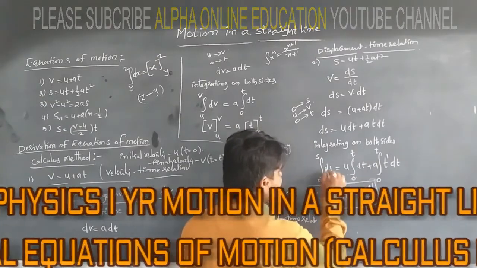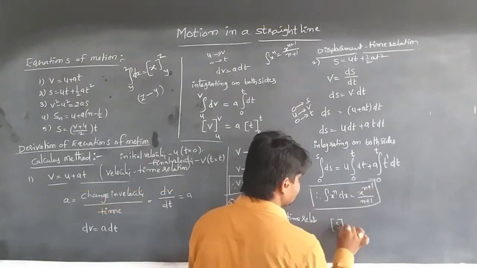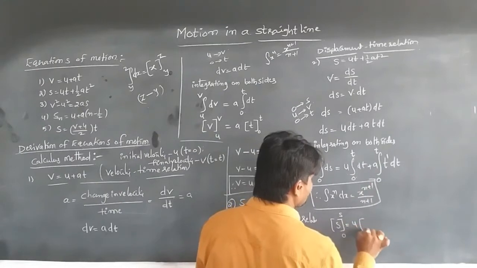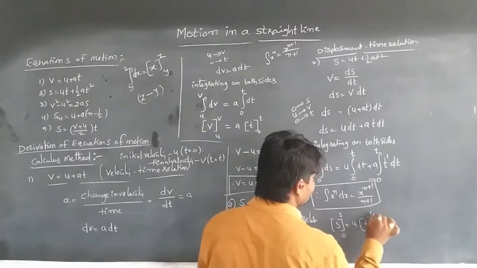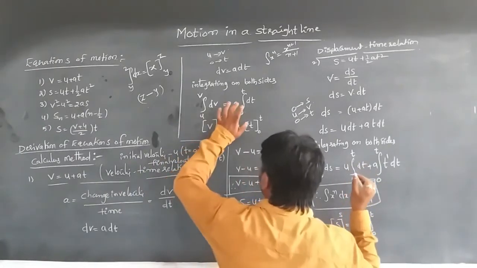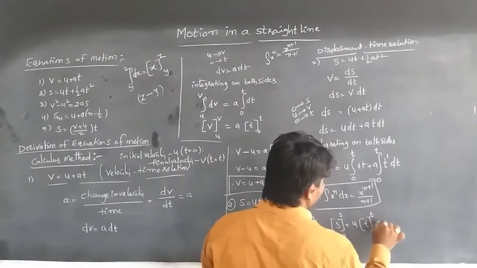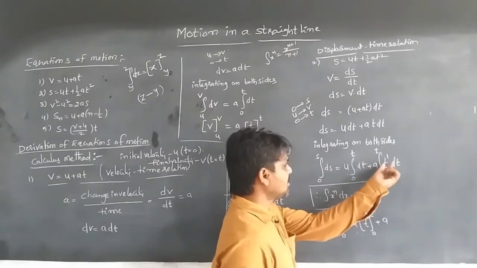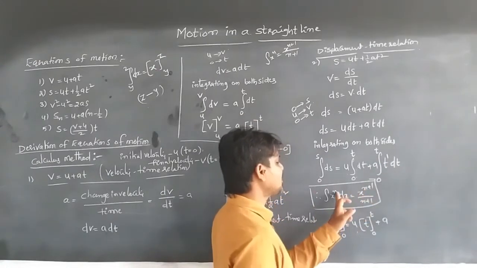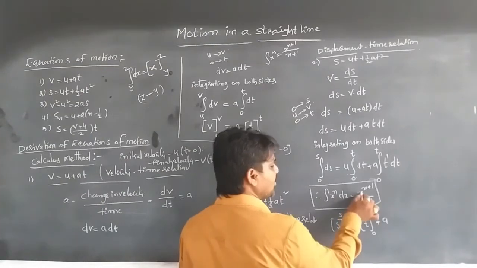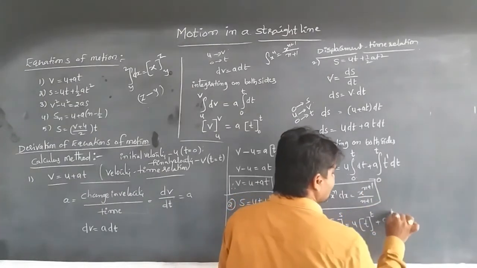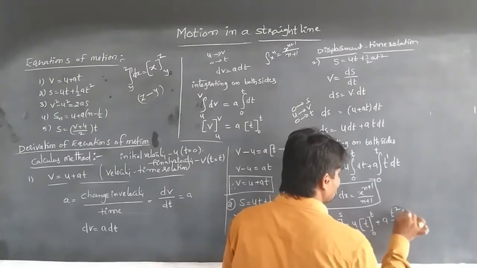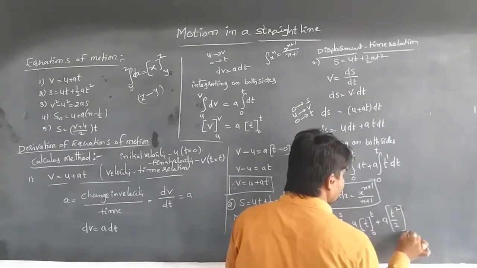So here we are substituting. s between the limits 0 to s is equal to u into t between the limits 0 to t, plus a into, here x is t and n is 1, so t power 1 plus 1 means t square by 2, from 0 to t.